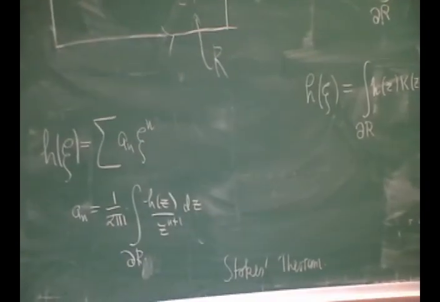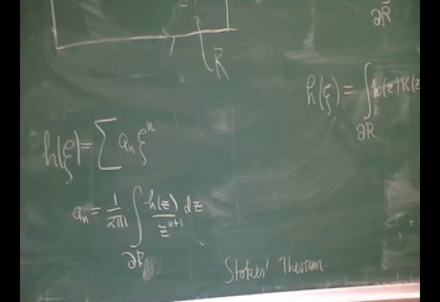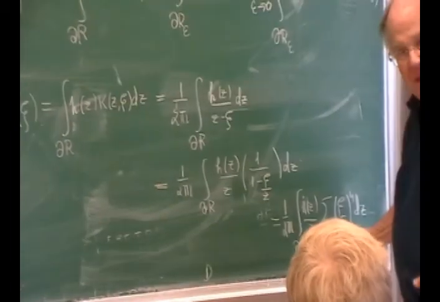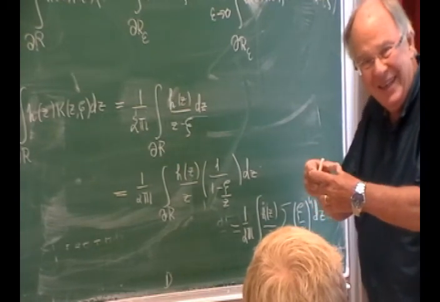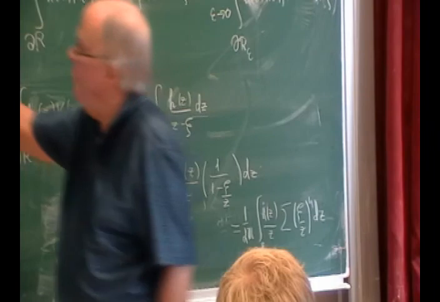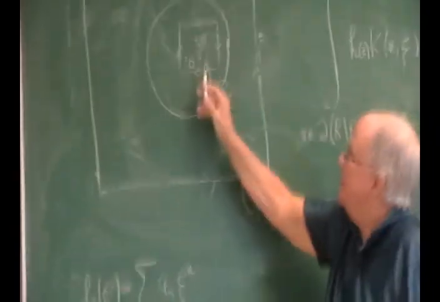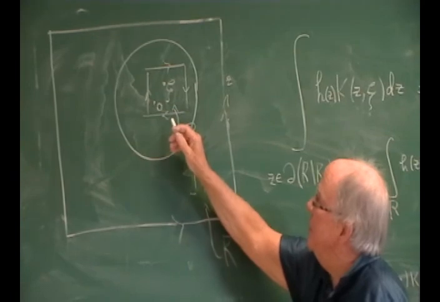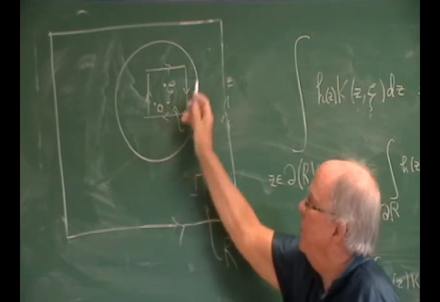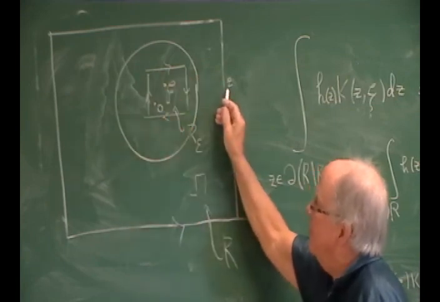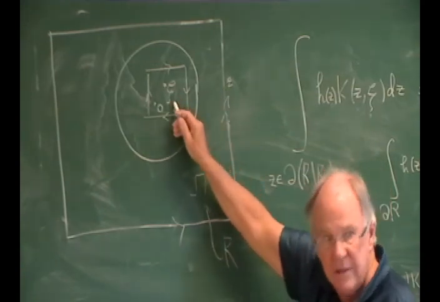What I need for the power series development is some uniform convergence, so I can exchange. I use a geometric series here to go back and forth with the uniform convergence. So I need this disk to be small. If I put 0 here, that means z is always outside the disk and zeta is always inside the disk.